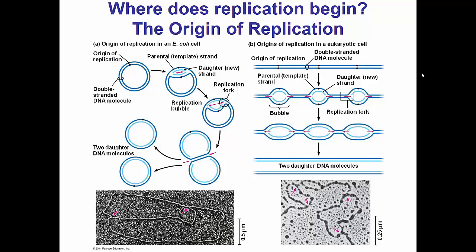It requires less energy. So here we show both replication in prokaryotes, which you should remember have circular plasmid DNA, as well as replication in eukaryotes, where the DNA is linear and is organized into chromosomes. So let's start by talking about prokaryotes.